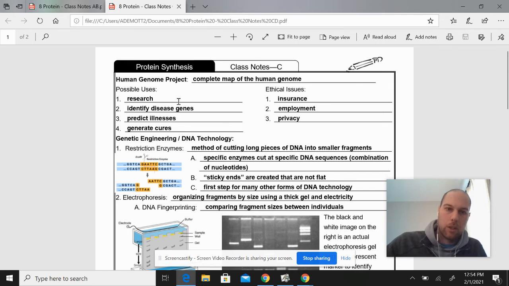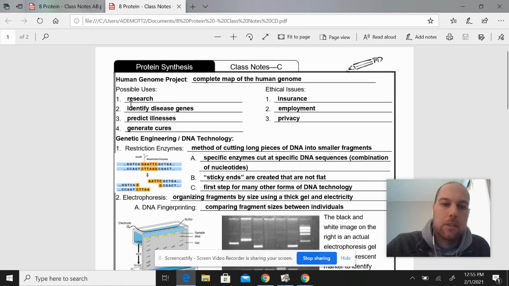I showed you a video about the Human Genome Project, which was a huge undertaking in the 90s. It was sort of comparable to the Race to the Moon, like US and Russia, but this was by two research centers that were trying to figure out the full map of human DNA, for these possible uses here.